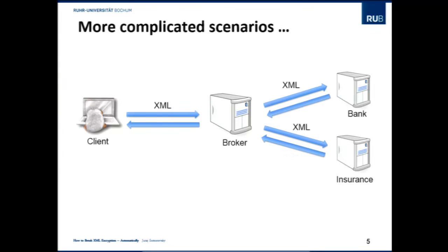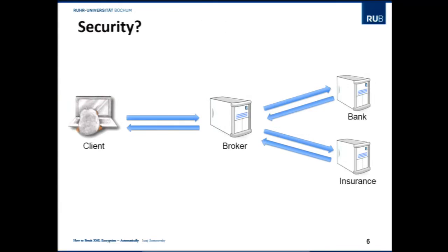For example, the client can talk over a broker to the bank or an insurance company, make some flight reservation, and so on. This is also possible using web services, using some redirection. And we can ask, how about security in these scenarios? How could we apply security? Many people I talk to say, okay, we can apply SSL/TLS, but what is the problem?